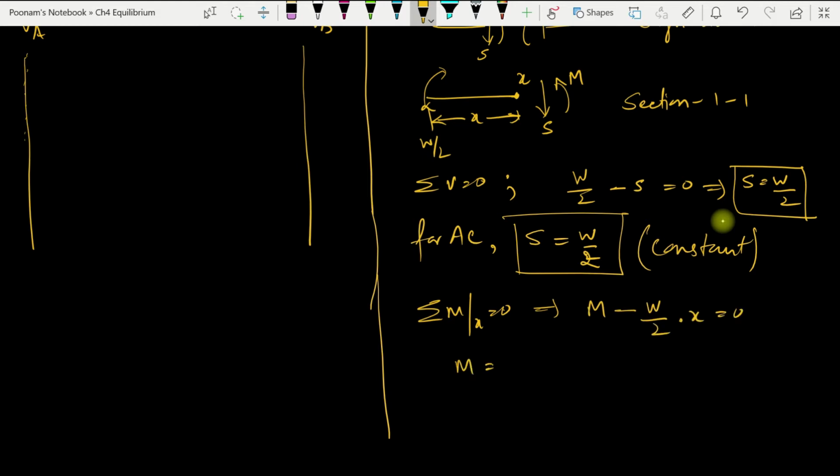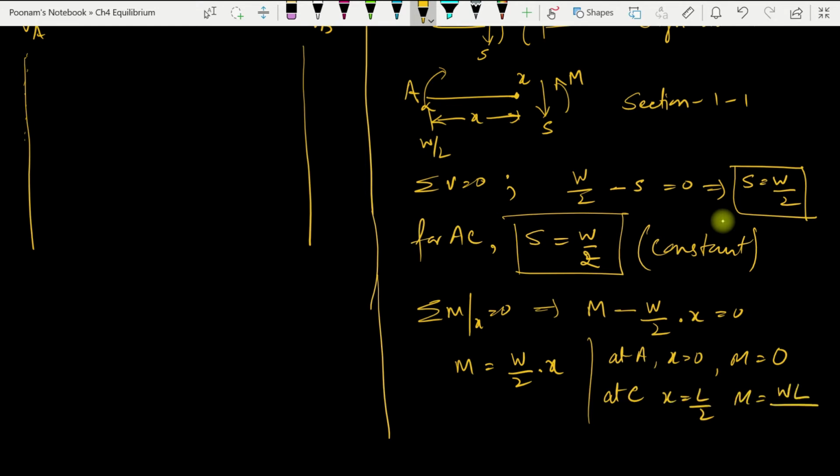So my M is equal to W by 2 into x. Okay, x is 0 at point A. This is my point A. So at A, x is equal to 0, so M will be 0. And at C, x is equal to L by 2 and M will be equal to WL by 4.